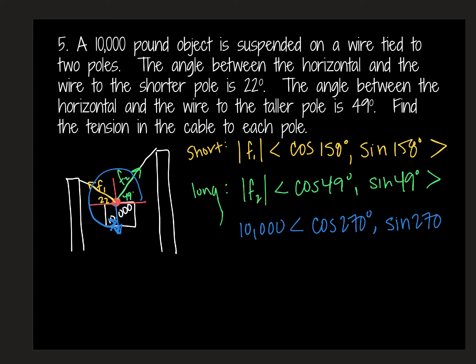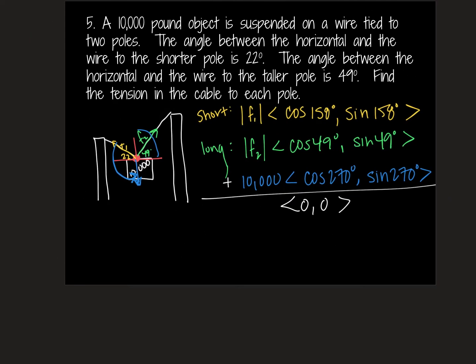That's how far we had to rotate for it to go down from the positive x-axis. Again, these are all in equilibrium, so if I add these together, they need to add to 0, 0.